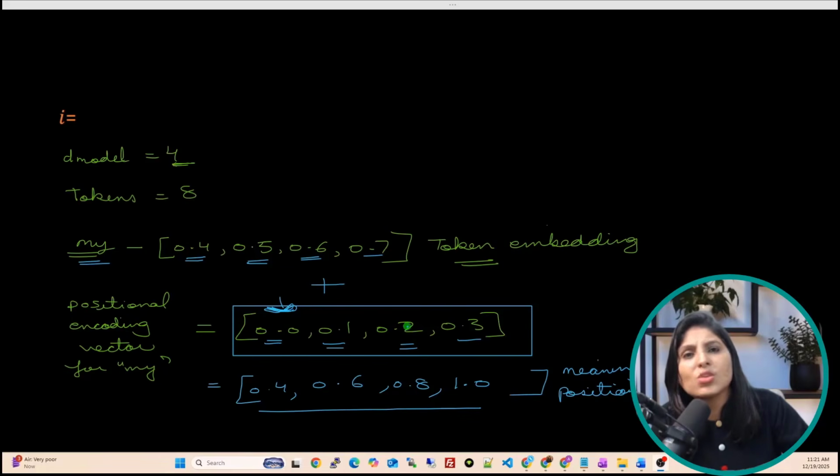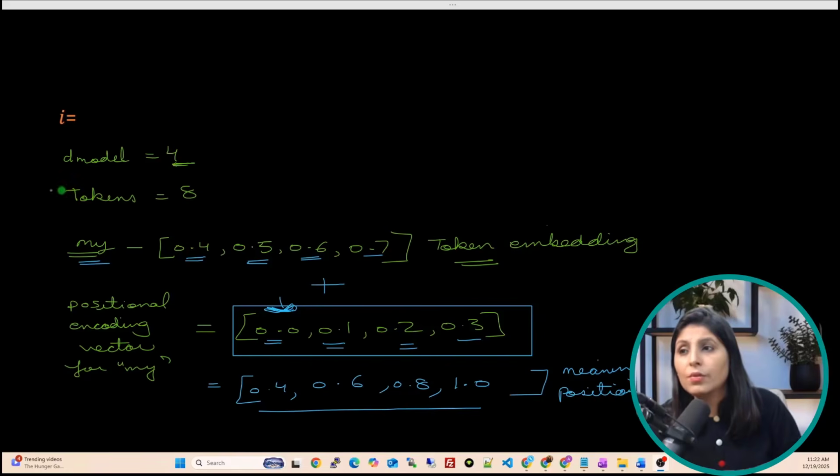There is no need to change those values because the position of the words is fixed. For all the tokens you are going to have a positional encoding vector, and the value will be assigned once in the starting, and throughout the entire task the positional encoding vector for that particular token will remain the same.